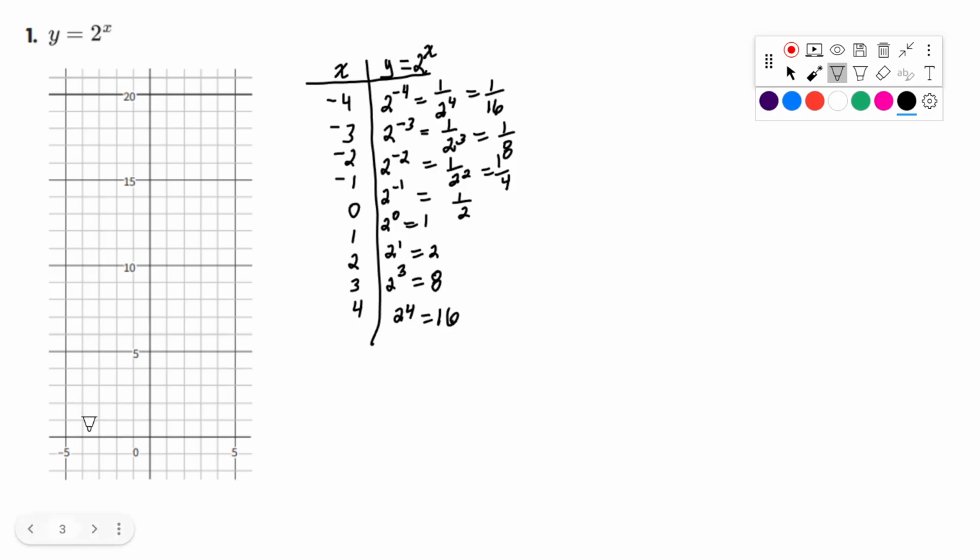So we can plot these points. 1/16 is going to be pretty much right on top of that x-axis. 1/8 isn't going to be much higher. 1/4 a little bit higher than that. 1/2 at -1, 1 at 0, 2 at 1.